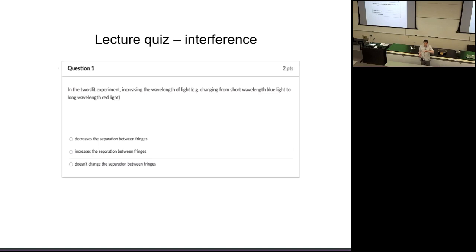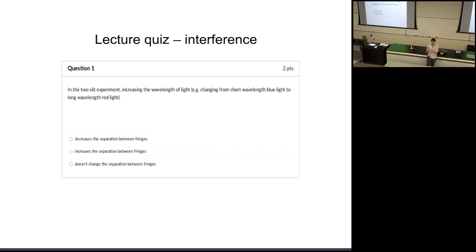If we make the wavelength longer, then to create an extra path, a path difference between the two slits, if the wavelength is longer, we need a longer extra path. To make a longer extra path from the two slits, we've got to be at a larger angle on the screen. We've got to be at a greater position on the screen.